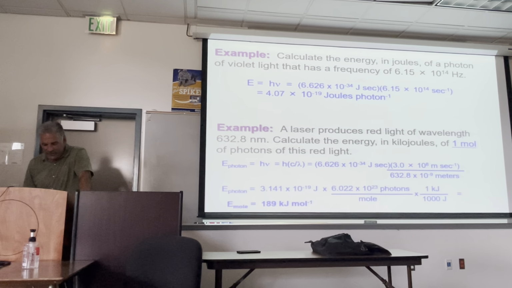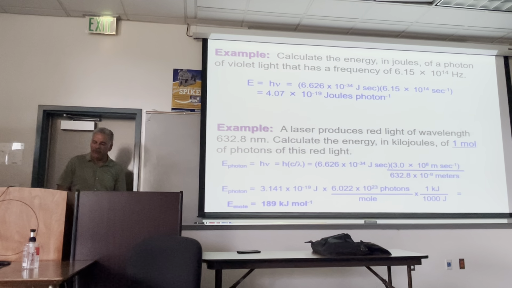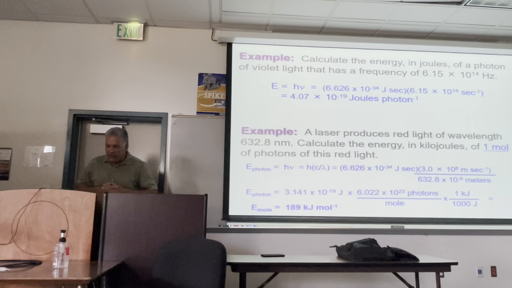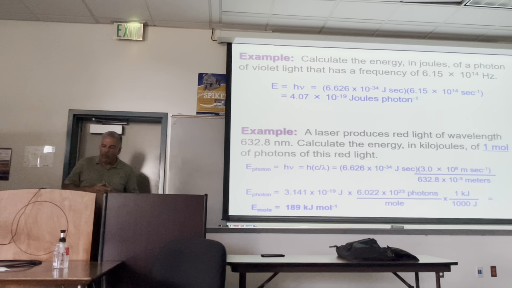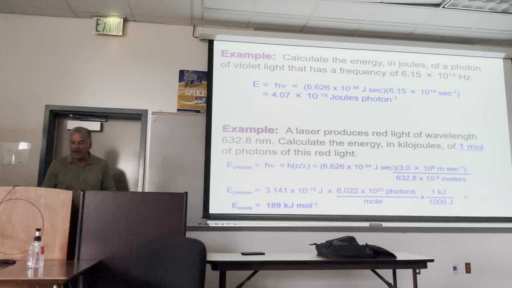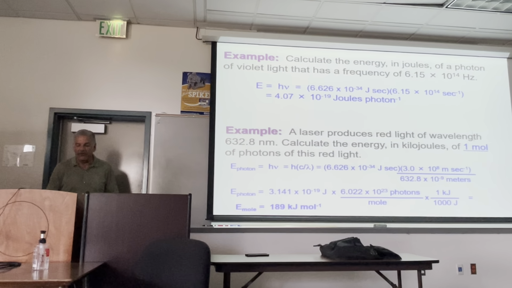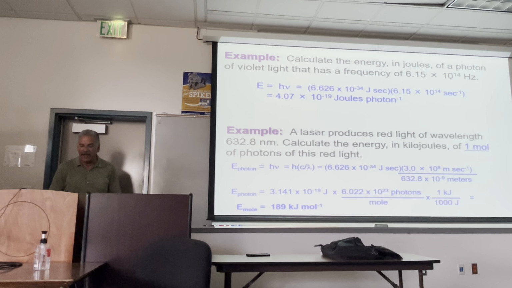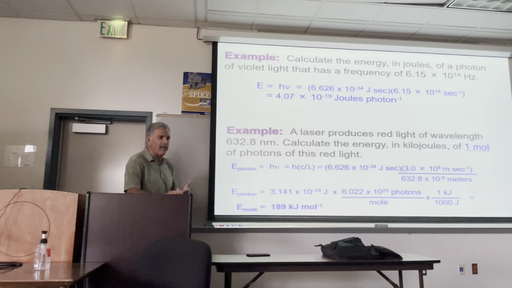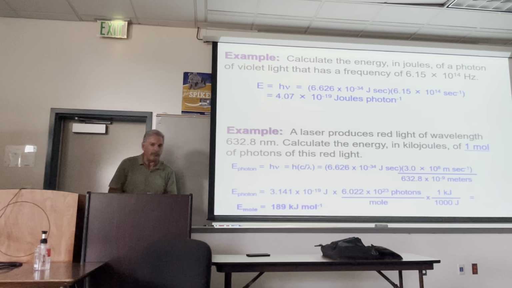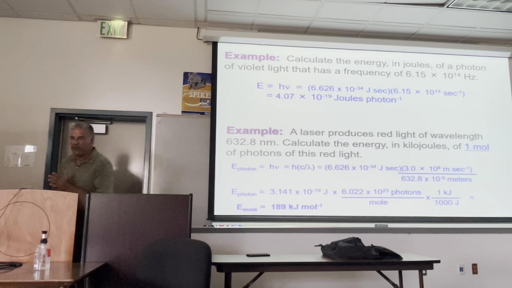Okay. And so if you continue on and do the math, you end up with 189 kilojoules per mole, right? 1 mole, that's where we bring back Avogadro's number. Because we have a certain amount that we calculated, the energy of 1 photon, but we don't just have 1 photon, we have a mole of photons, or 6.022 times 10 to the 23rd photons.